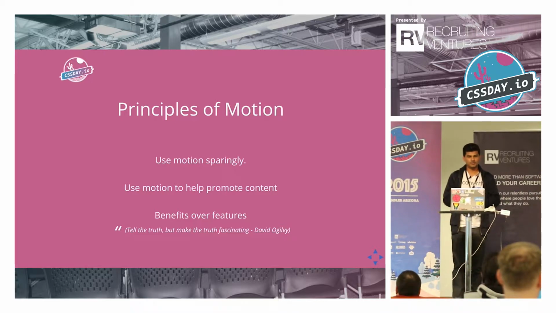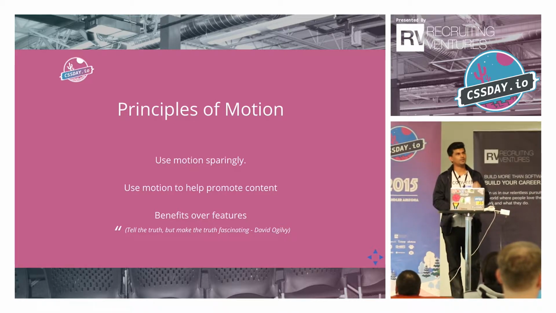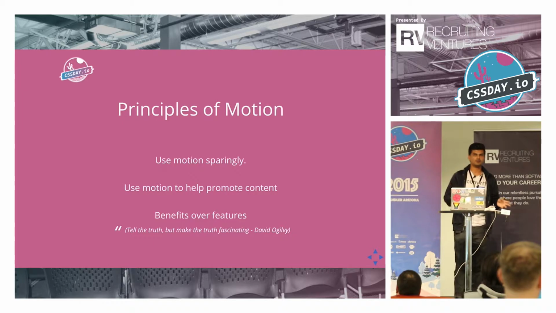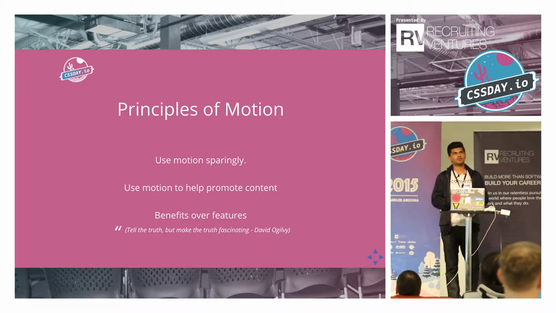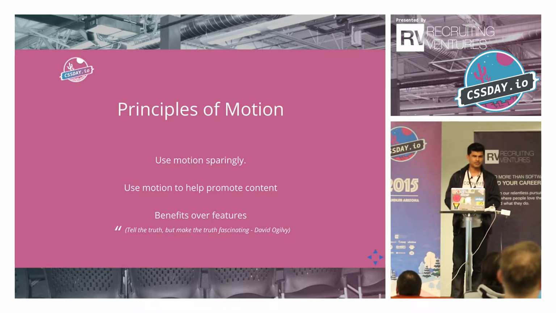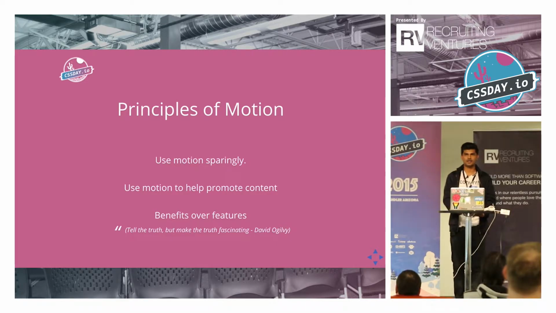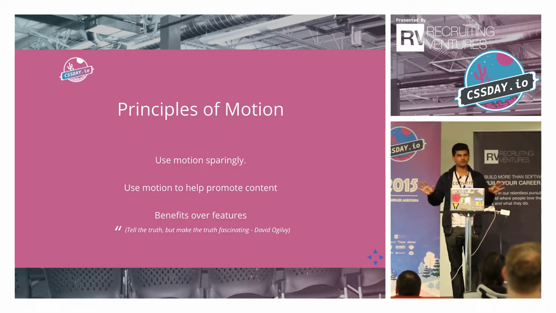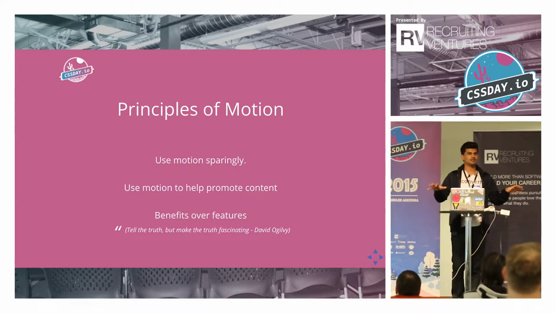And benefits over features. So David Ogilvy once said, and David Ogilvy, if most of you don't know, he was one of the biggest or best marketers ever to live in the US. He brought companies like Rolls-Royce, Shell, and all these other great marketing campaigns to the US when they first came. And he had some really good principles on marketing, and his ideas still lasted all these years.